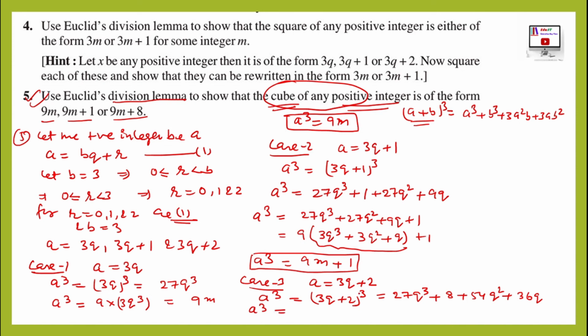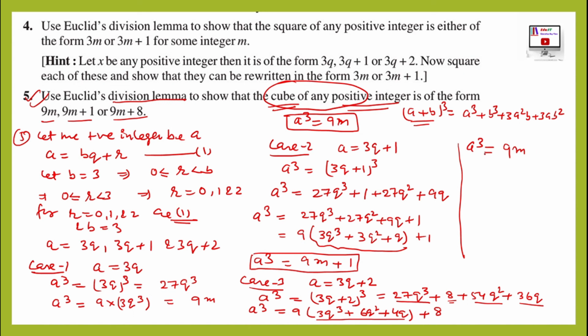Now in this a cube, what we have to do is keep 8 at the end, and from 27q cube, 54q square and 36q we can take 9 common. So now the remaining terms in the bracket are 3q cube plus, from 54q square taking 9 common leaves 6q square, plus from 36q taking 9 common leaves 4q, plus 8. Now this is some integer. We can say a cube is equal to 9 times this integer. Let this 3q cube plus 6q square plus 4q be m.